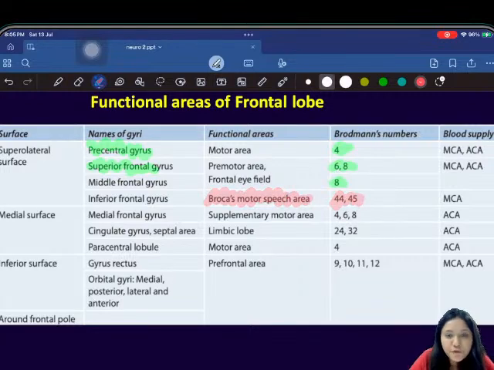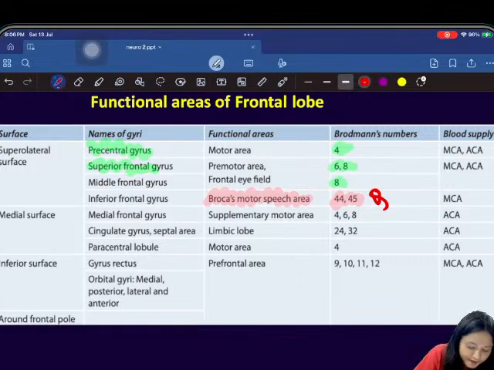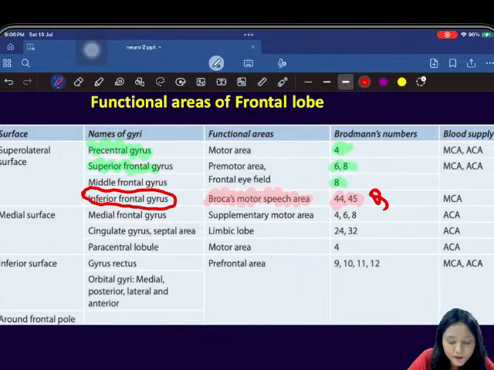If a question comes, it's regularly asked: Broca's motor area is present in which gyrus? First of all, you have to remember that it is present in the frontal gyrus. Among the frontal gyri, it is present in the inferior frontal gyrus.